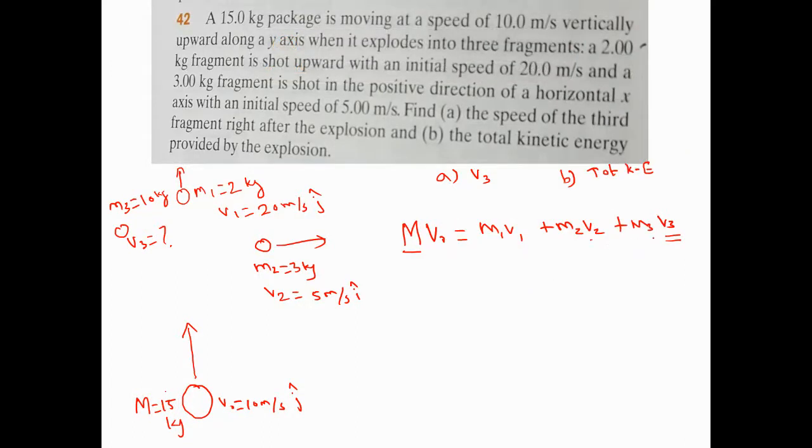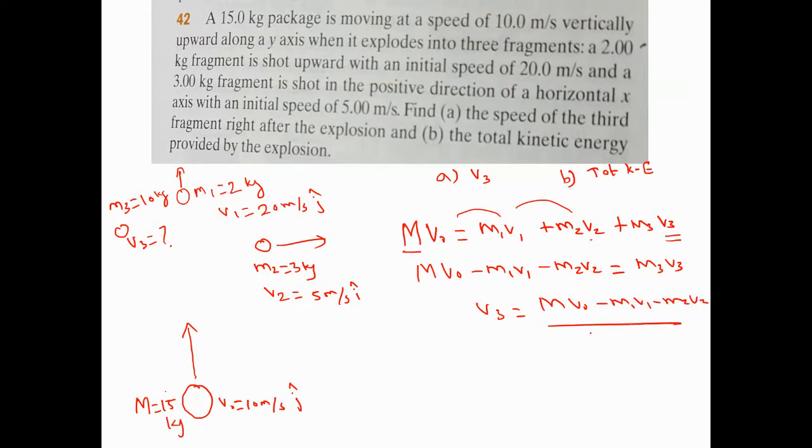So I am going to find this. What will I get? M V0 on one side, and this term comes to this side, so it becomes minus M1 V1, and this term also comes to this side, minus M2 V2. And on the right hand side I have M3 V3. Therefore, my V3 is equal to M V0 minus M1 V1 minus M2 V2 over M3.